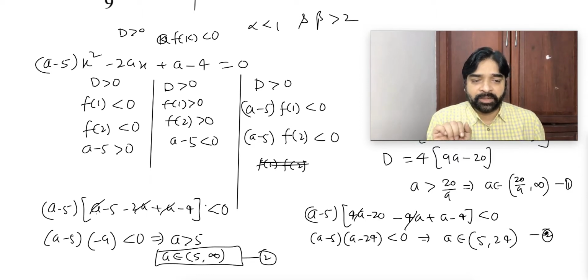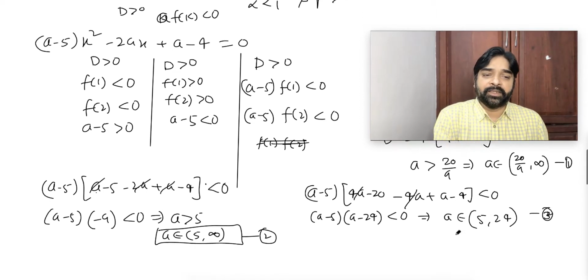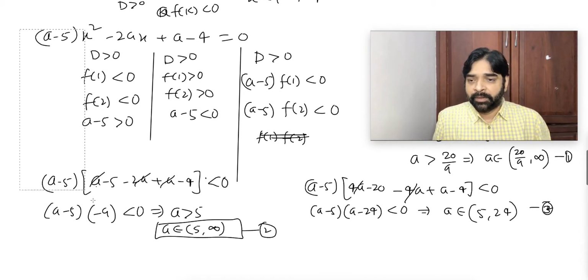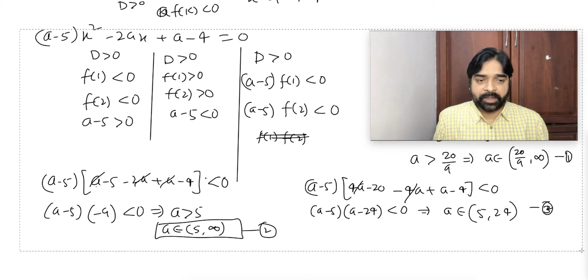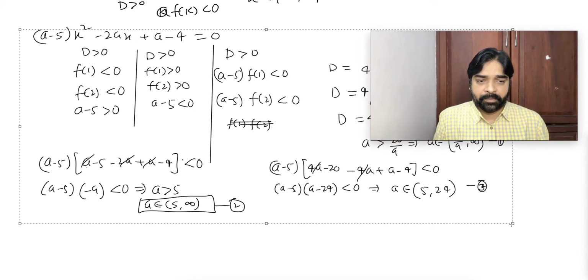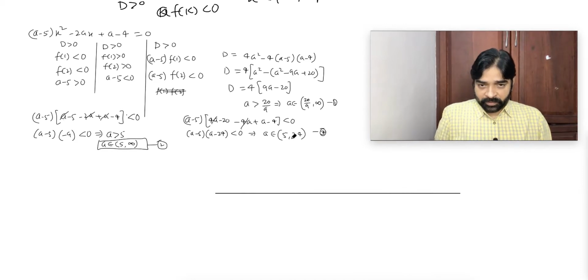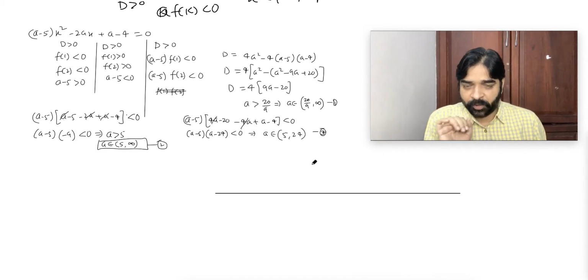Now, these three conditions must be satisfied together. So let's try to get the intersection. What are the points we can see? 5, 24, 20 by 9.